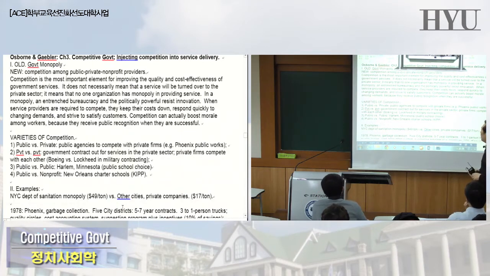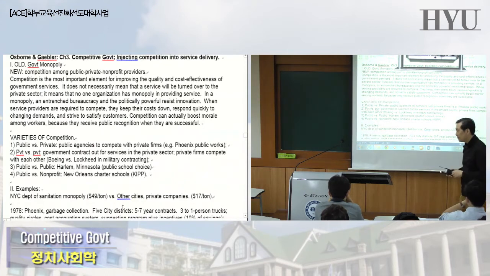Public versus public would be charter schools, okay? A regular public school competing against a charter public school, because a charter public school gets money from the government. It's considered public education. And there's also public versus nonprofits. So charter schools are kind of a hybrid combination of public and nonprofit.